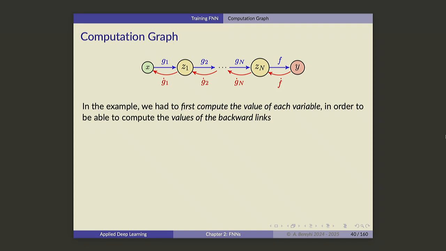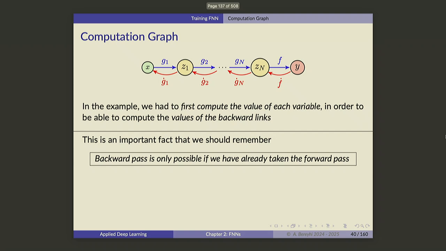If you don't go forward, you don't know what the values of z1, z2, z3, and y are, and if you don't know them, you're not able to compute the gradients, because you are able to compute the gradient when you know those local gradients. And to compute those local gradients, you need to know the value of the variables, right? So if you are doing it on your computer, you should first take the forward pass, and then you can move backward.